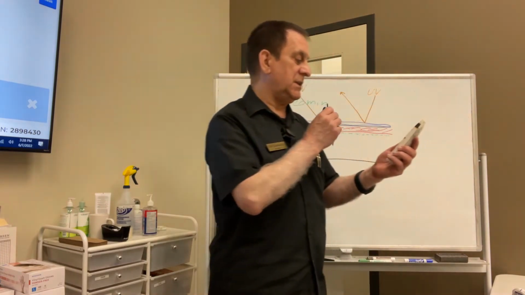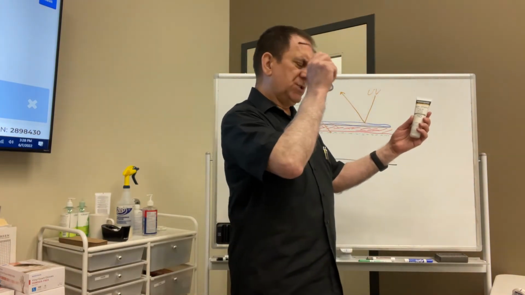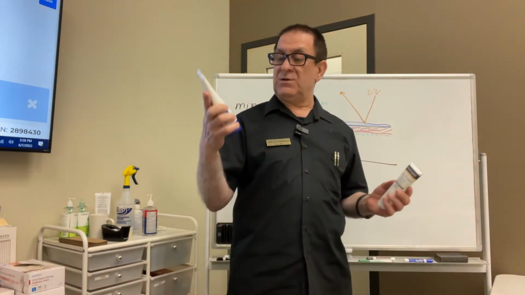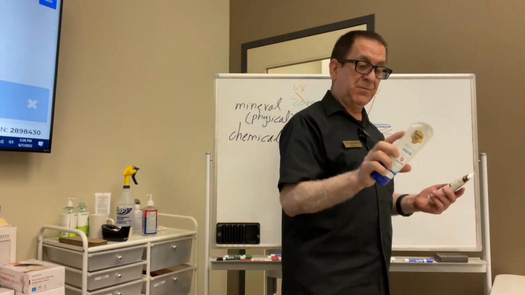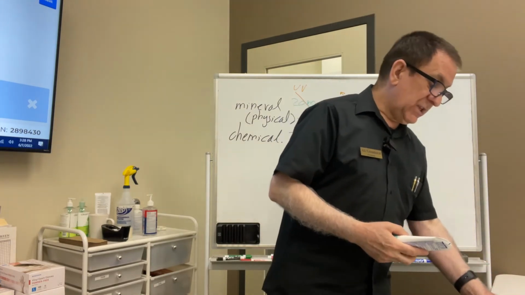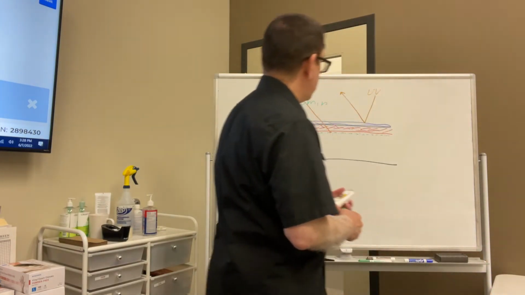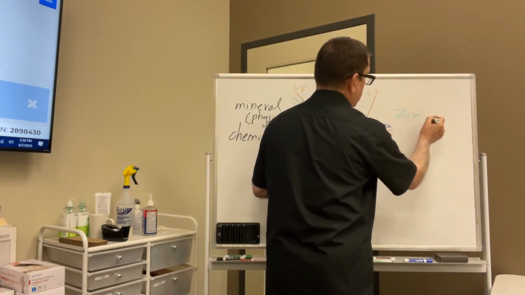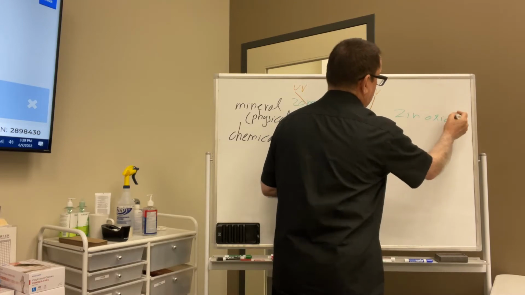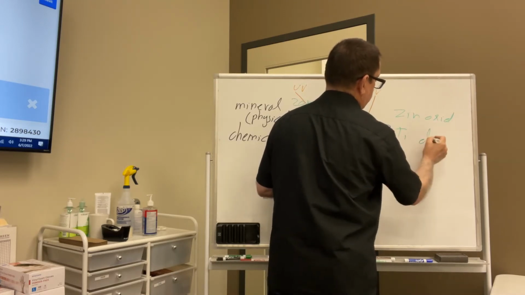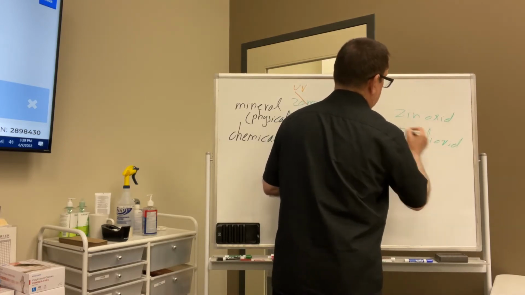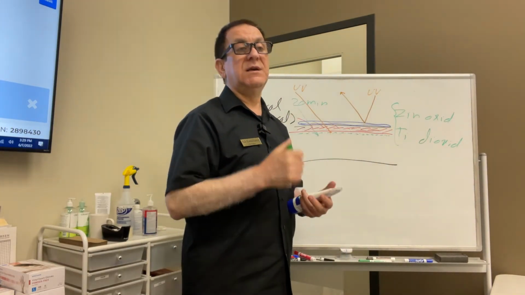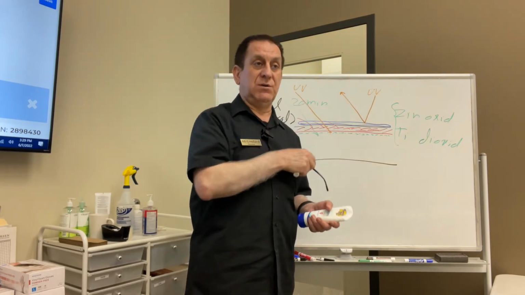I have two here, ladies. This one is a Neutrogena 110 SPF, and this one is a mineral sunscreen with SPF 50. Mineral sunscreen has only two ingredients: zinc oxide and titanium dioxide. So if you see these two on any sunscreen, that means it is a physical or mineral sunscreen.